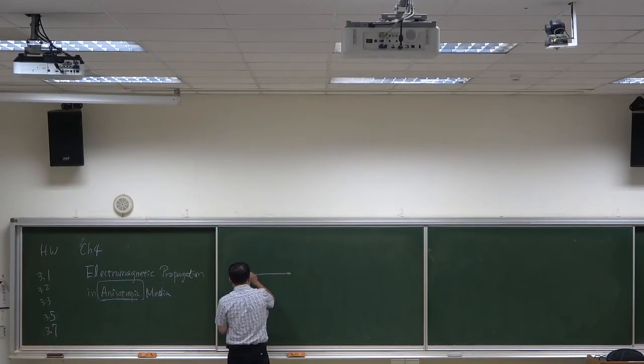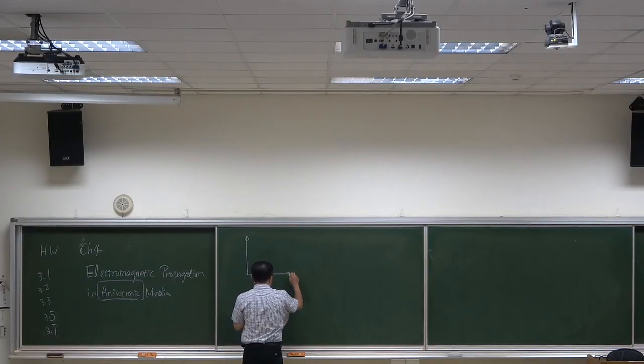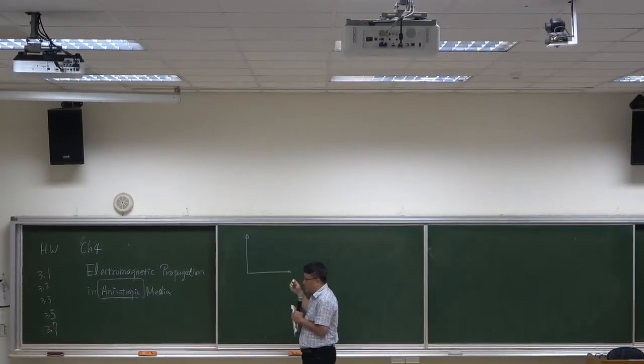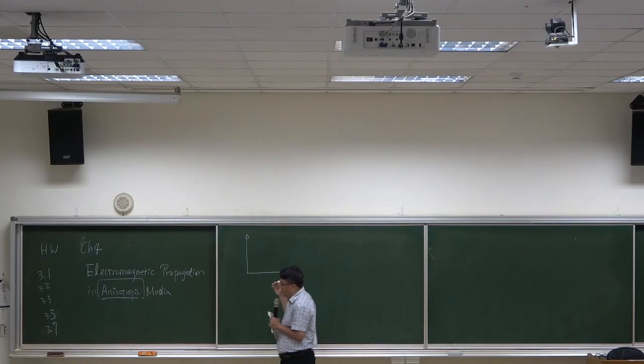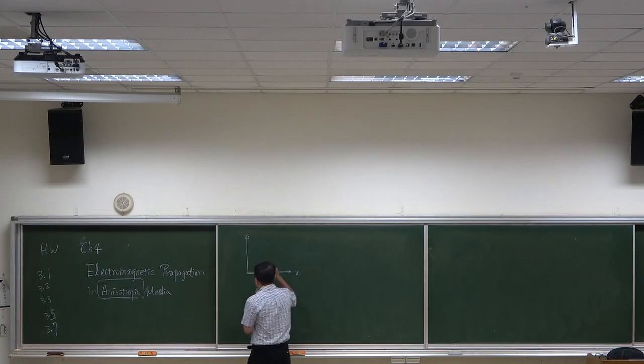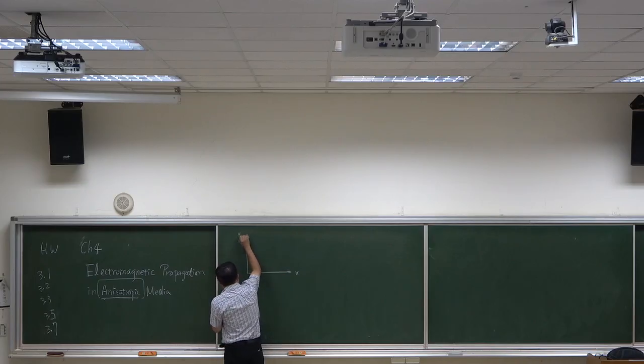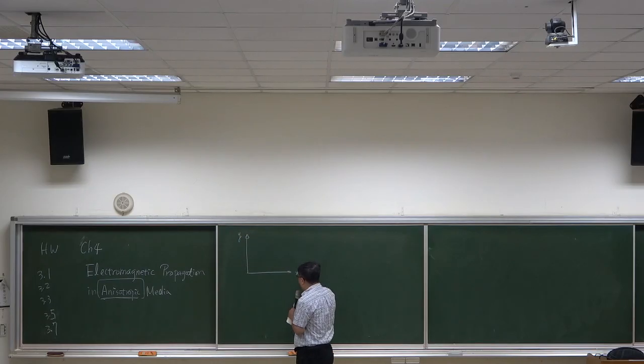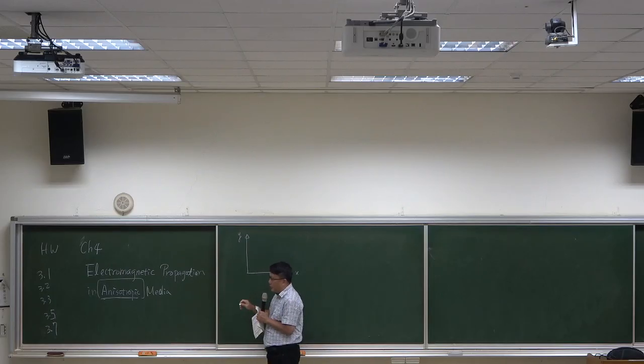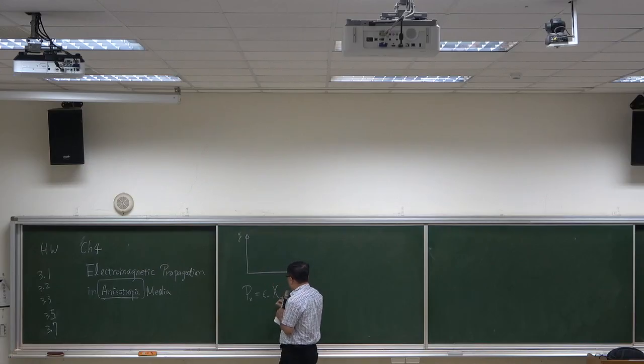Suppose we consider two specific directions that the P vector is proportional to the applied E vector, E field. Okay. Say this direction is X and this direction is Y. When I apply electric field along the X direction, we have Px equal to epsilon 0 chi x times Ex.